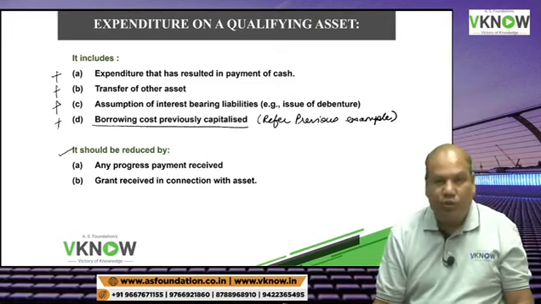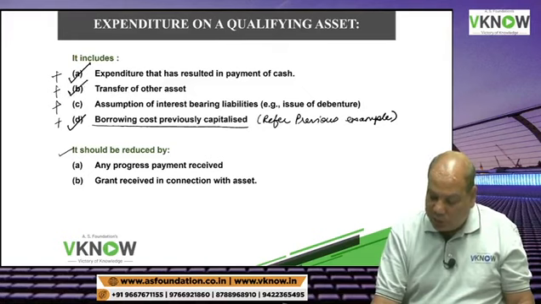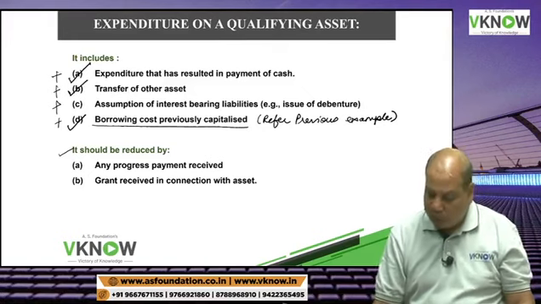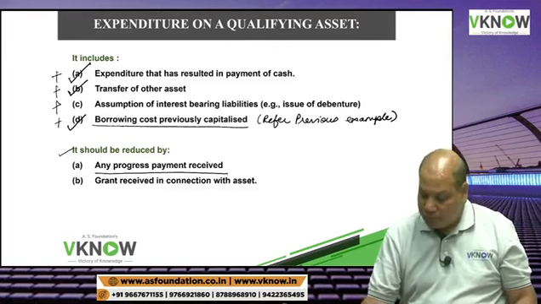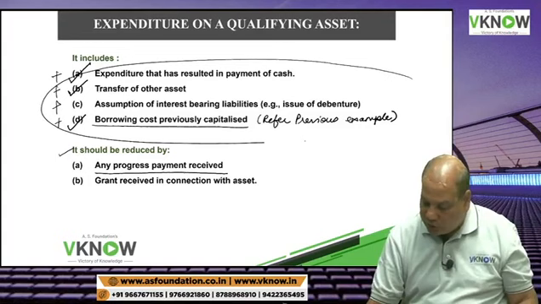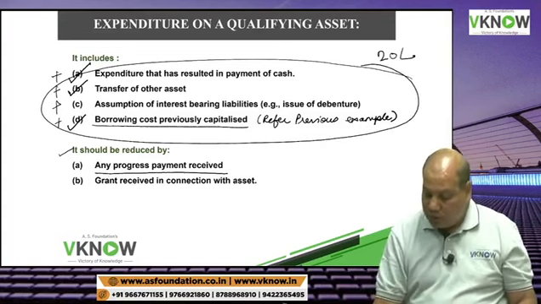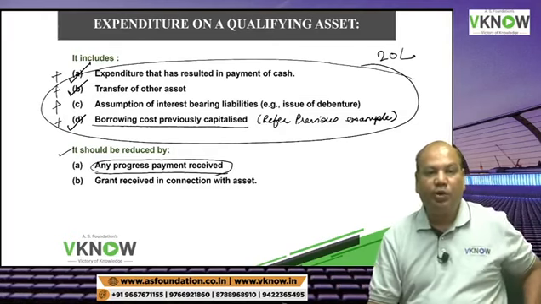So this you will add. Most of the exam questions I have seen will cover only either A and D. Sometimes they give you an adjustment of B also. And you have to deduct any progress payment received. This is the expenditure you have incurred, suppose 20 lakh, but you might have received some progress payment also.